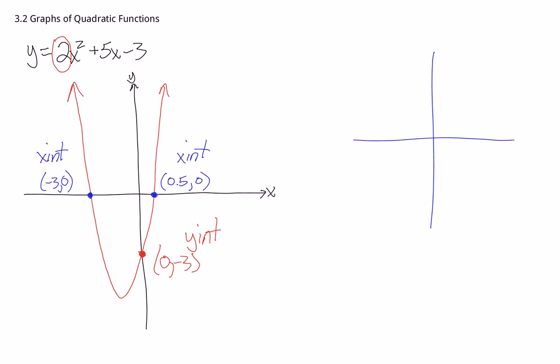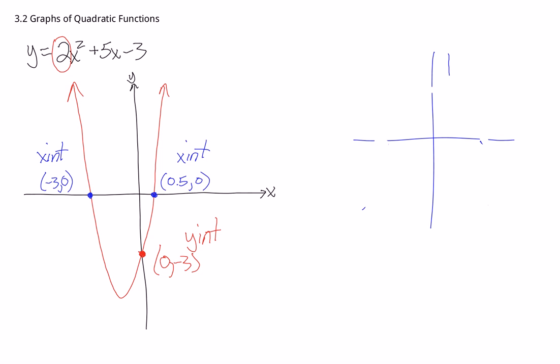Just a quick thing on x-intercepts: depending on the graph, quite often we get 2 like we have here, or even if our graph was upside down, you can see we'd have 2 different x-intercepts. Quite often you're going to get 2, but it's also possible to get either 1 or 0, depending on how the graph looks.